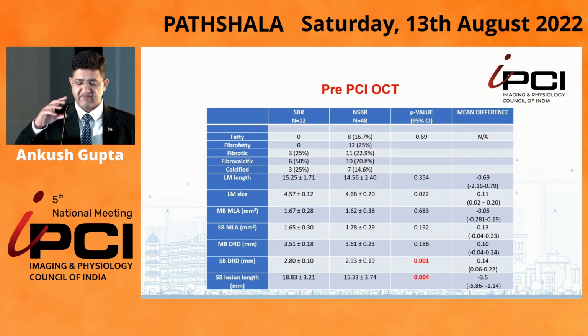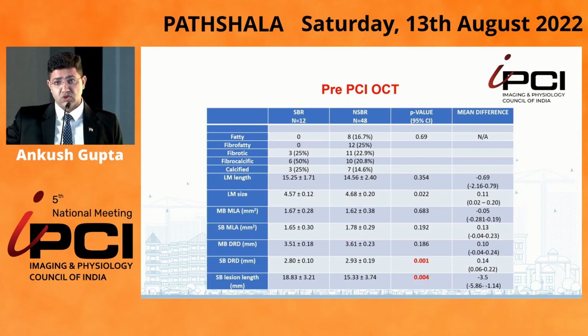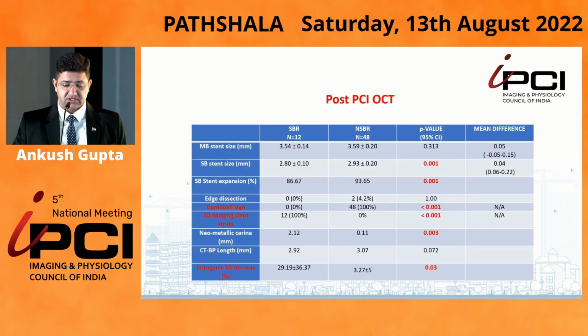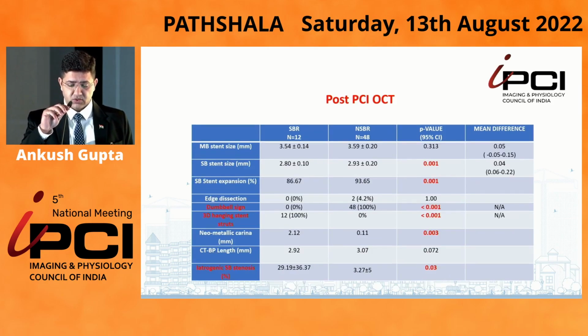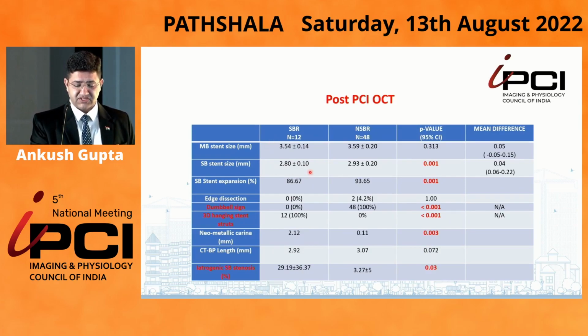lower in patients having side branch restenosis, and the side branch lesion length was significantly longer in patients having side branch restenosis. When we compared the post-PCI OCT in both the groups, we found that side branch stent expansion and stent size were significantly lower in the SBR group.